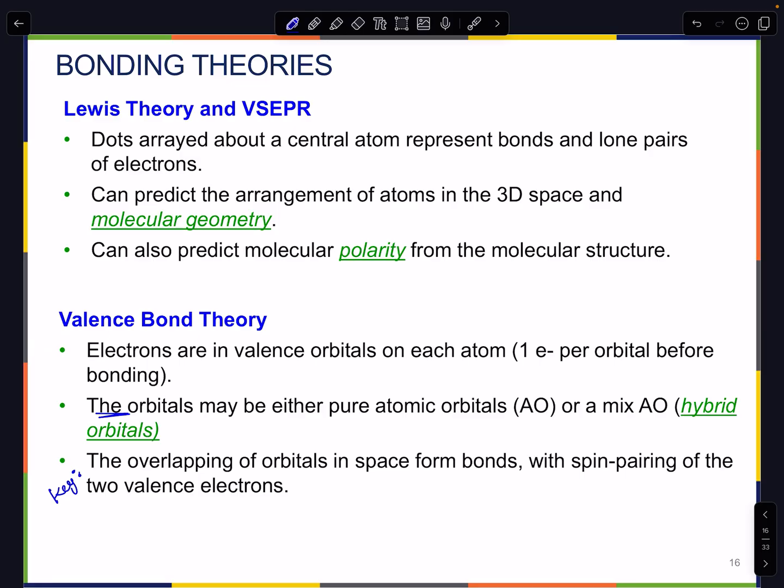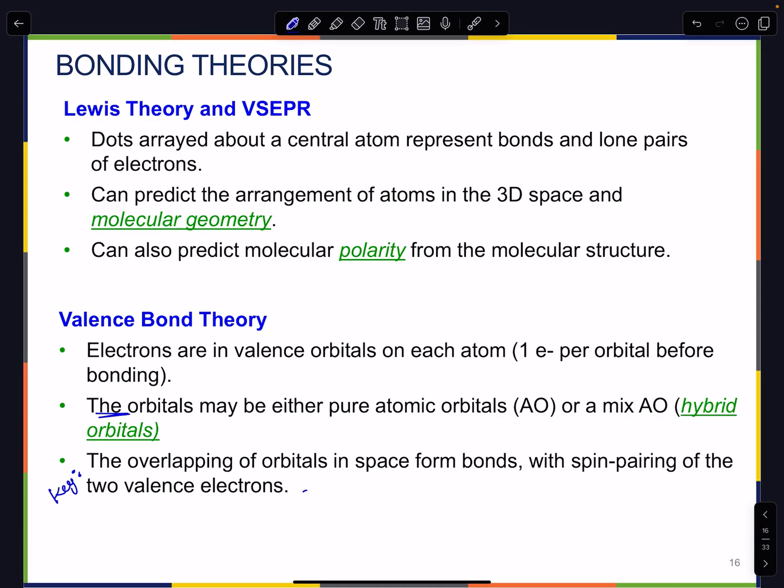And the electrons in that overlap are going to have paired spins, right? You probably remember that in the Lewis model of bonding, the dashes that we use to represent bonds represent two electrons there, and those are paired electrons, paired in terms of the spin, right?